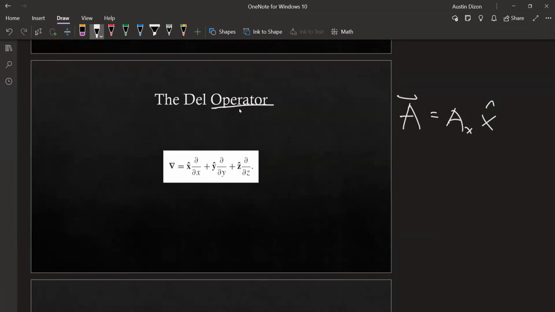So, sir, bakit nasa right yung unit vector natin? Bakit nasa left naman dito? Para lang madali tignan, okay? So, hindi mo ina-apply yung partial derivative sa unit vector kasi weird siya pag ganito. So, yung del operator natin, lalagyan natin ng ganyan.